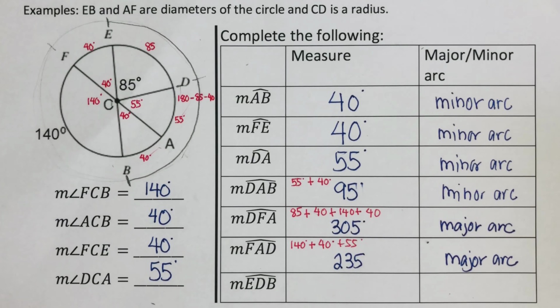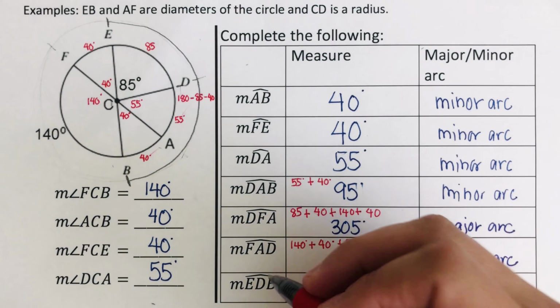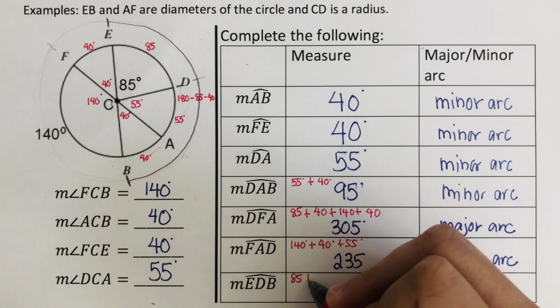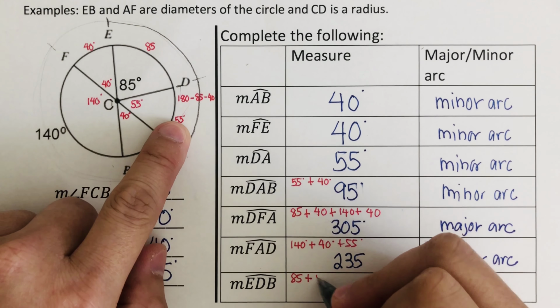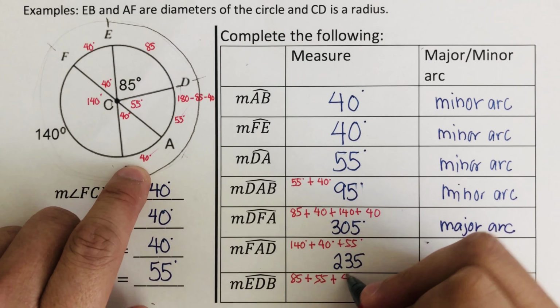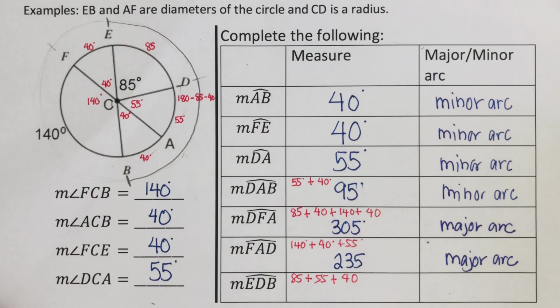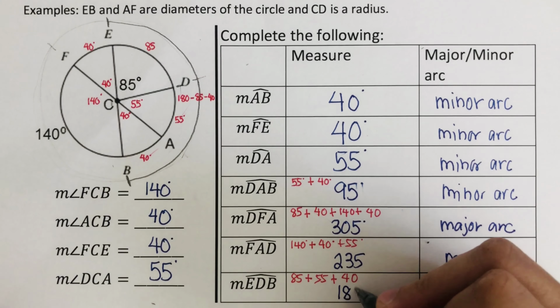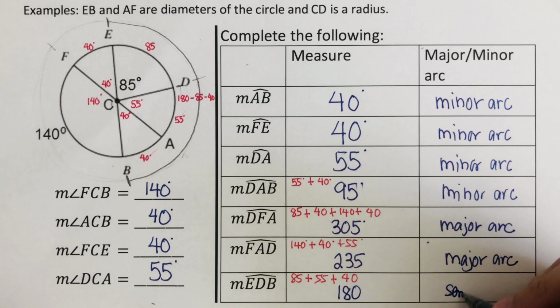The numbers that we're adding here are 85 plus 55 plus 40, and the sum of this is 180 degrees. And so this is a semicircle.